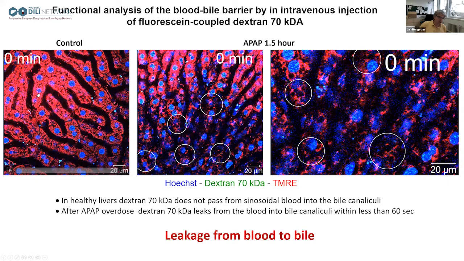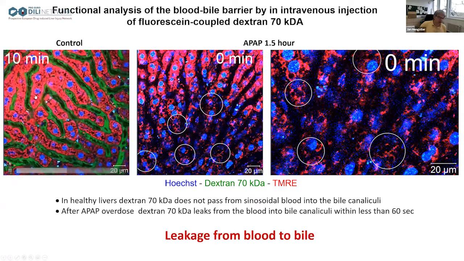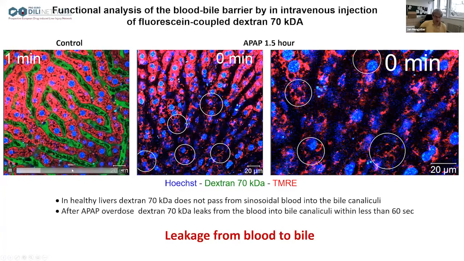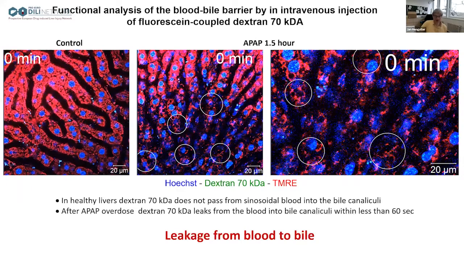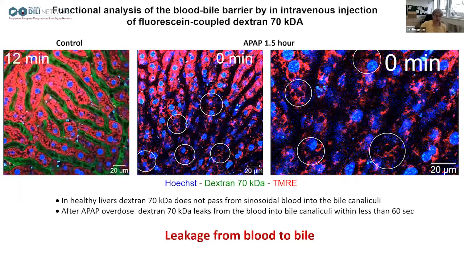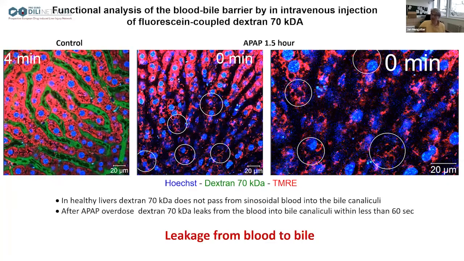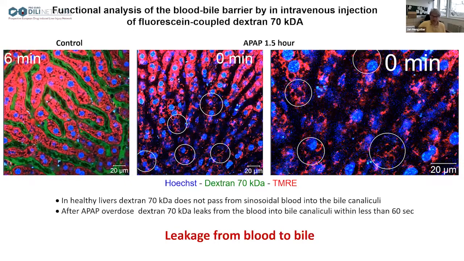Here you see this bile canaliculus as the black structure between hepatocytes. If I start now the video, you see the dextran, and you see that the bile canaliculi stay black. So there is, in a healthy situation, no leakage of dextran from blood to bile canaliculi. It's different to what we have seen for CLF, as there is an active transport, but not for such a large molecule within this period.